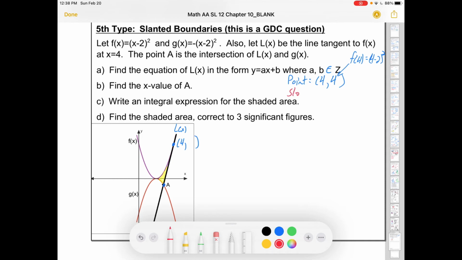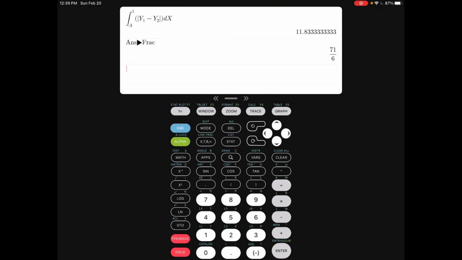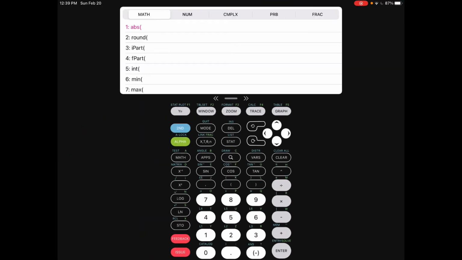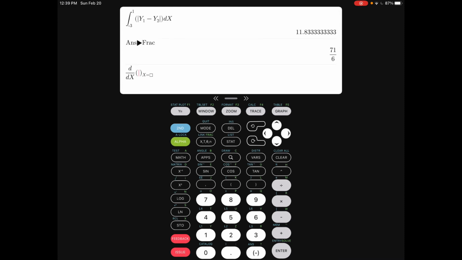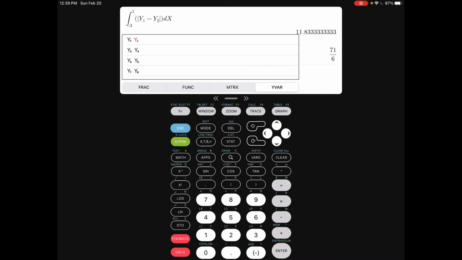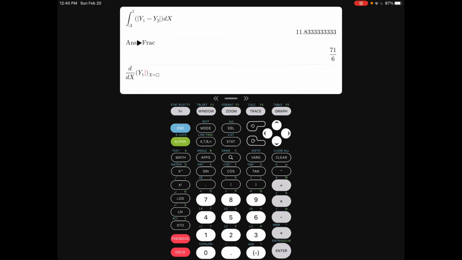The slope at that point, I can find analytically, but I think maybe the slickest thing would be to go to my GDC. I can do it graphically, or I can just go math, and it goes down to nDeriv. So I take the derivative with respect to x of y1, which was (x minus 2) squared, at x equals 4. And it will tell me the slope there is 4.